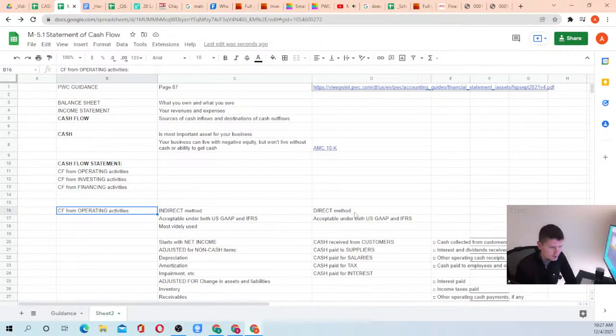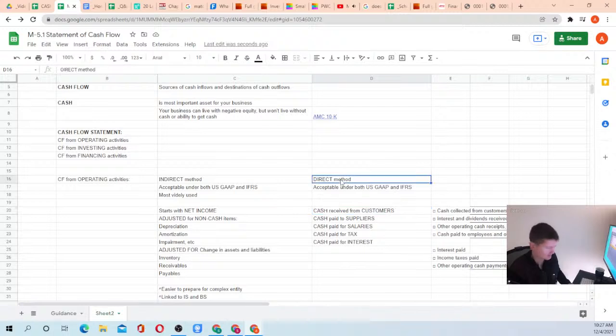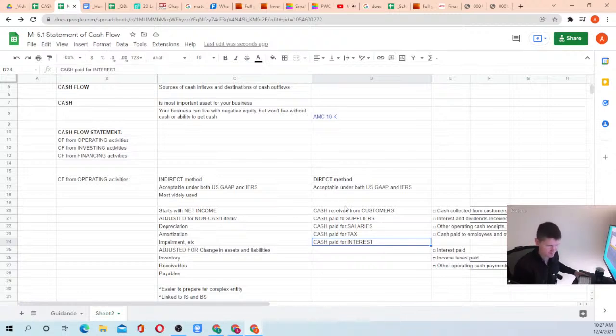And the preferred method, accounting standards even have a preferred method for cash flow, and that's the direct method. Though it is preferred, almost no one uses it. Almost everyone uses the indirect method. That's because there are quite a few difficulties in preparing the cash flow under the direct method.